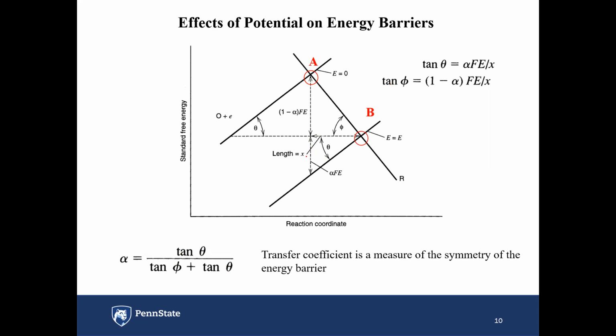So actually we want to know the contribution of the line that is increased and the contribution of the line that is decreased, right? So that's why this difference is called (1 minus alpha) times Fe, and this length is called alpha times Fe, because alpha is equal to this, right?